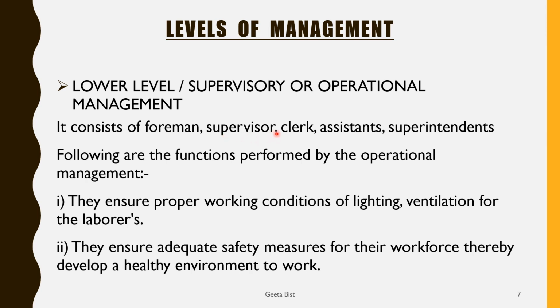So through their efforts, quality of output is maintained, wastage of materials is minimized, safety standards are maintained. How? Because these lower level managers ensure that the quality of output is maintained by ensuring that the workman is working in accordance with discipline, maintaining loyalty, and is a hard worker so that the quality and quantity remain up to the mark.